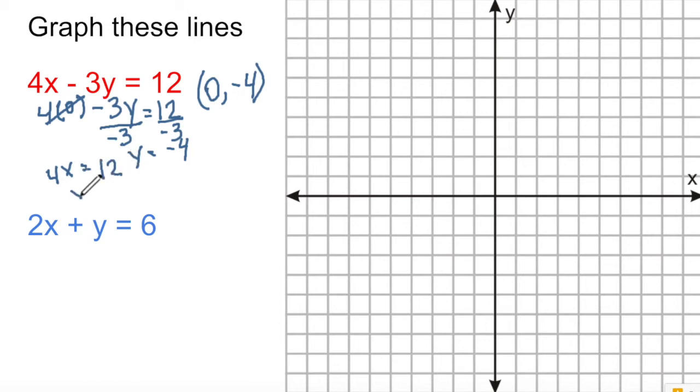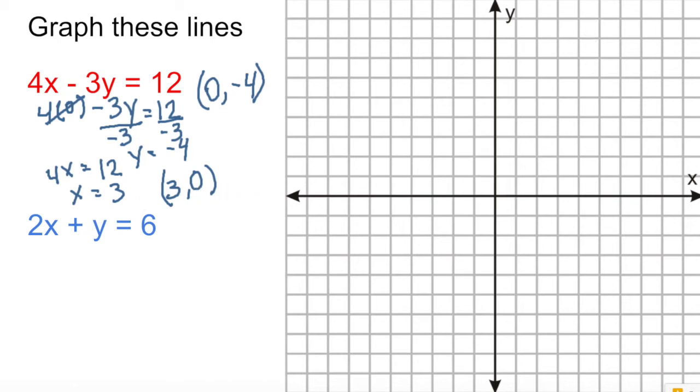And if we divide by 4, x equals 3. We divide both sides by 4 to get rid of this 4. X equals 3. So in other words, 3, comma, 0 is also a point on the line. We put in 0 for y and solve for x, and x equals 3. So 3, comma, 0 is also a point on the line.